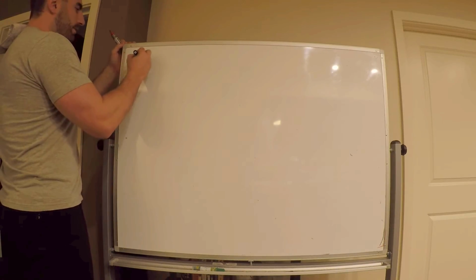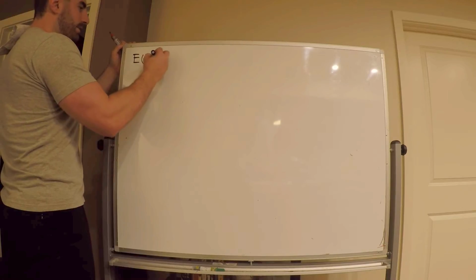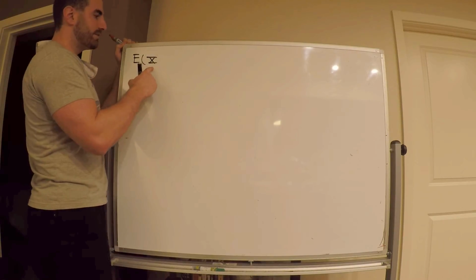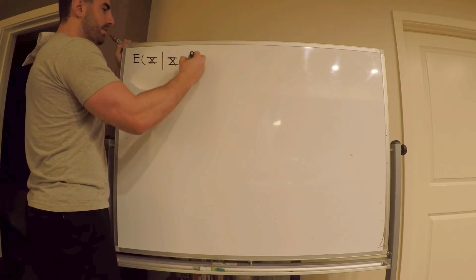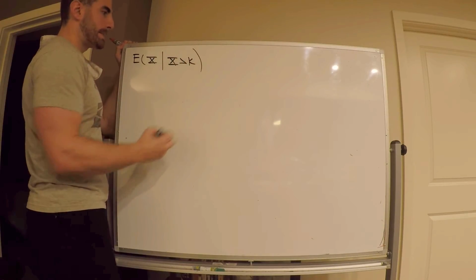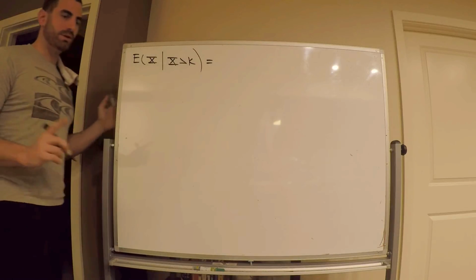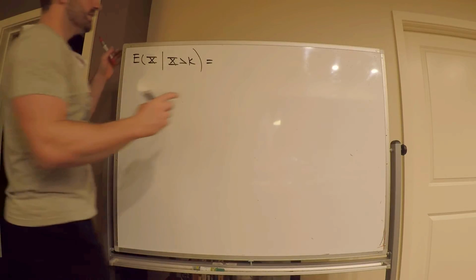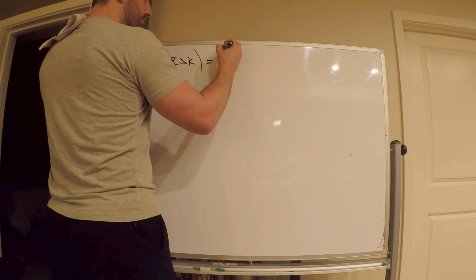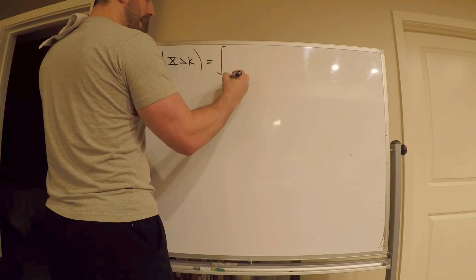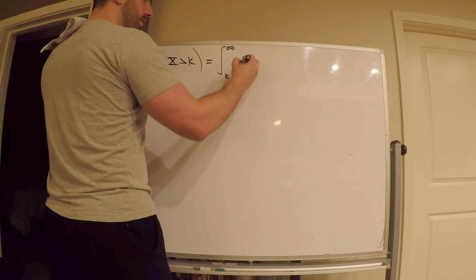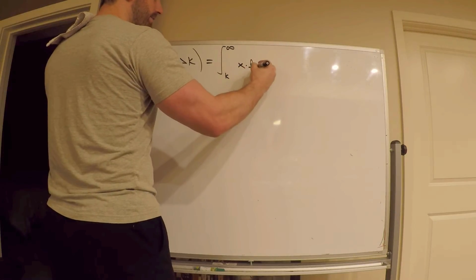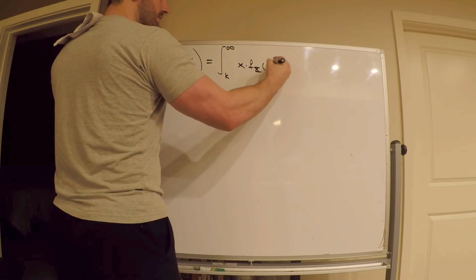What do we have? We have now that the expected stock price at time t, given that the stock price is greater than what I call the strike k. Remember, by definition, we already wrote this down. By definition, this is equal to the integral from k to infinity of x times f of x dx.